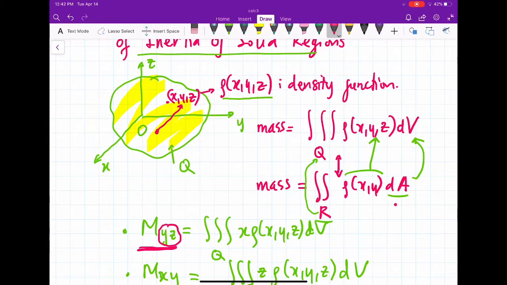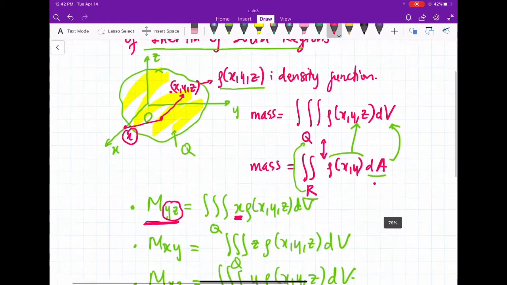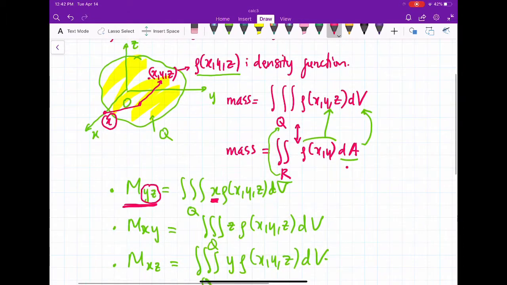That is nothing but the x-coordinate of that point. Makes sense? So that's why here you need to multiply by x. Similarly, if you consider the moment with respect to the xy plane, you need to multiply by the z-coordinate right here. All right? So that is the first moment.